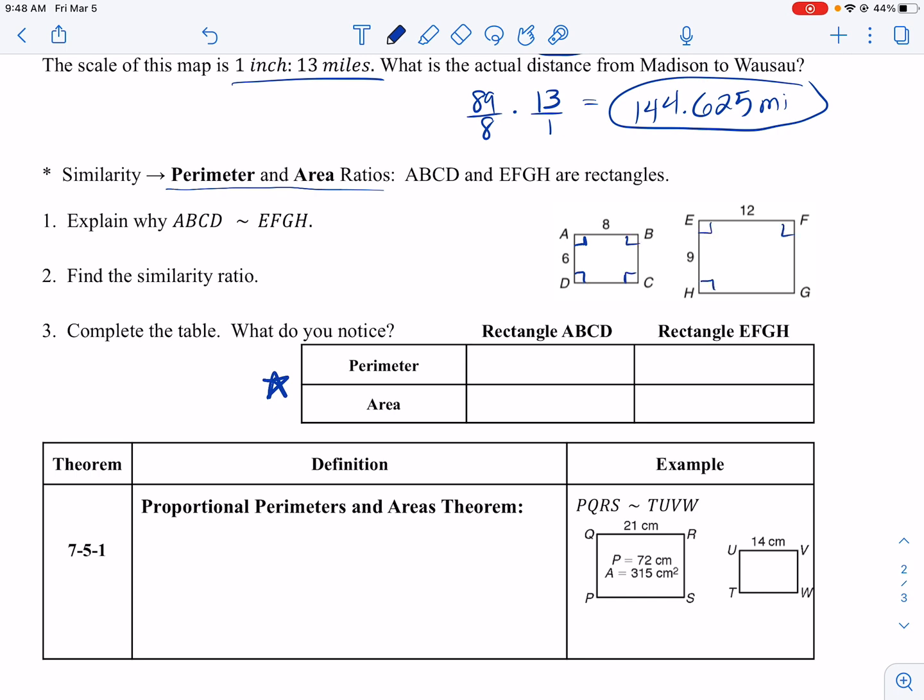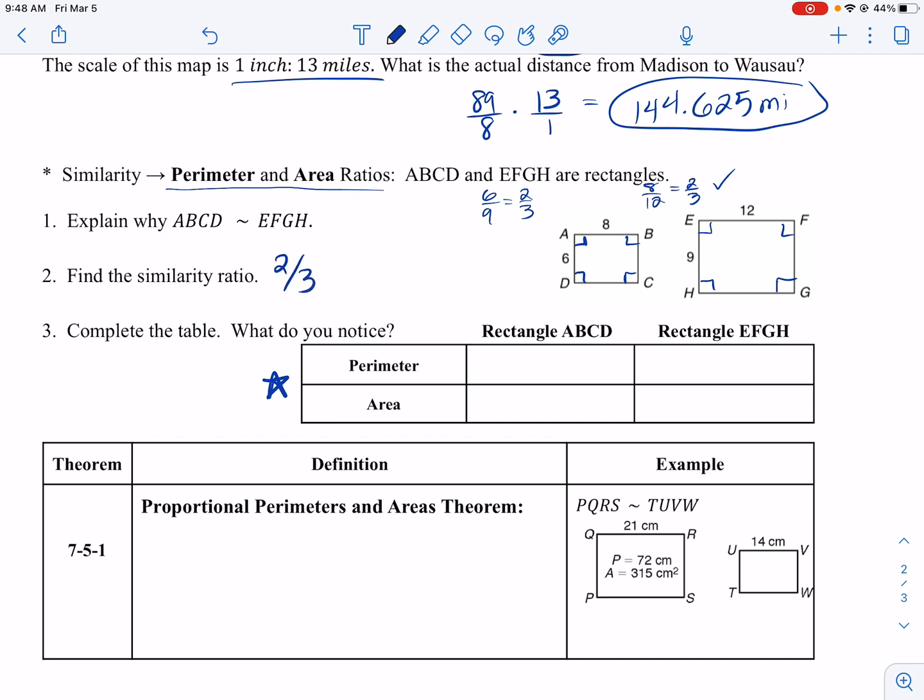They're rectangles, so they have to all be congruent. And then let's check the ratio of the sides. 6 to 9 simplifies to 2 to 3. And 8 to 12 also simplifies to 2 to 3. Okay? So that's why these two rectangles are similar.